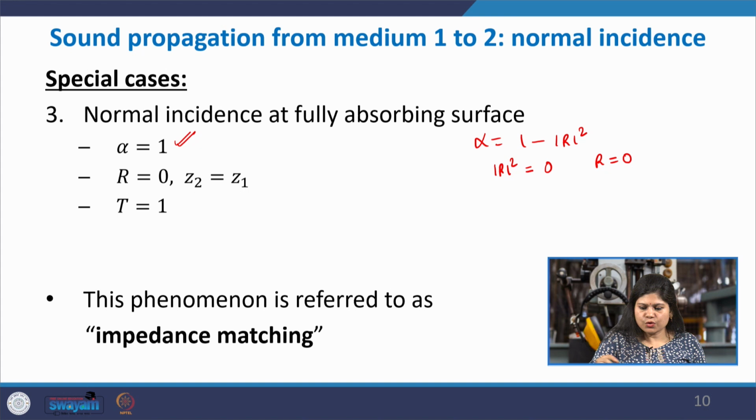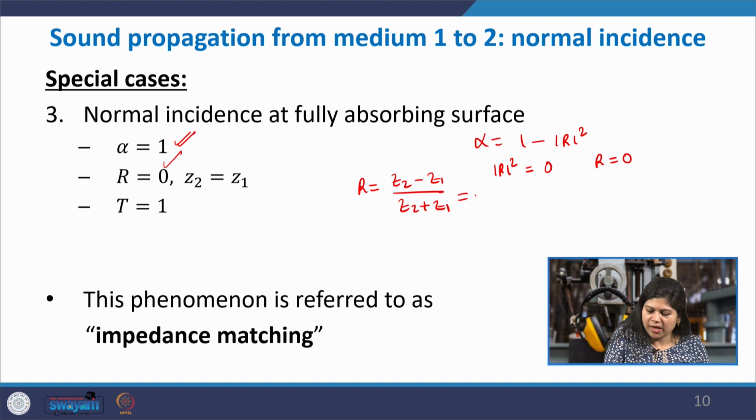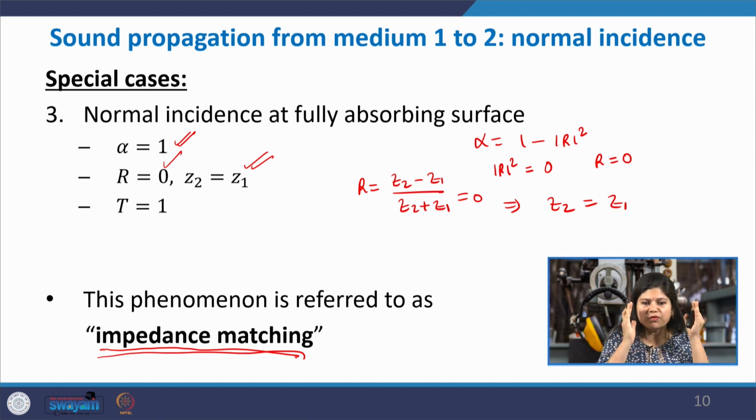If r is 0, what does it mean for the impedances? If you look at this relationship, this means that Z2 is the same as Z1. This phenomenon is also called impedance matching, which means that the impedance of medium 1 and medium 2 completely match, and in that case T, which was 1 plus R, becomes 1.